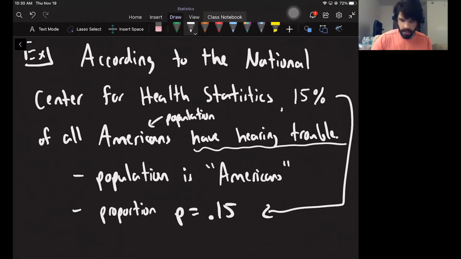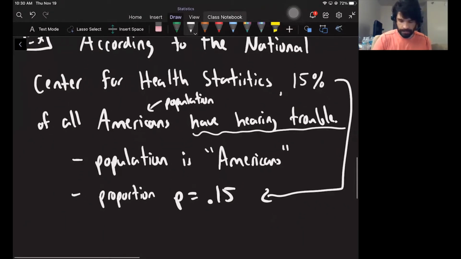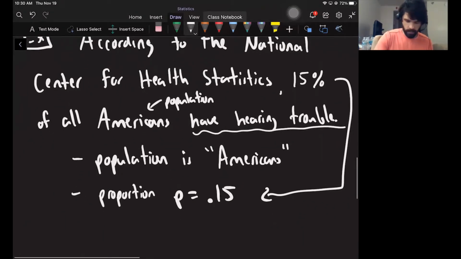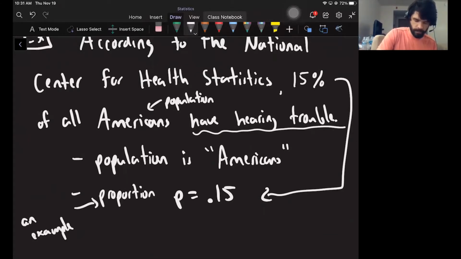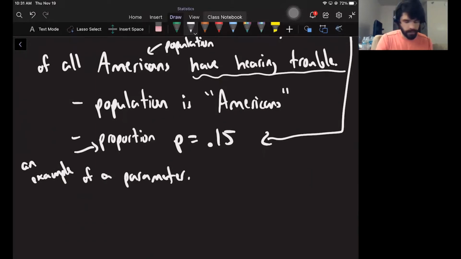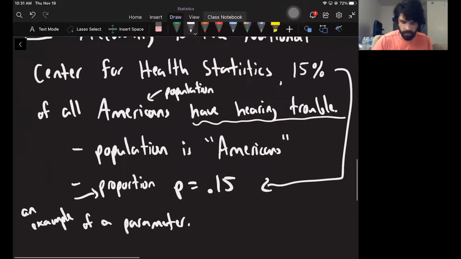So that's what we can say from this information. And again, a proportion is a type of parameter, because it's a number associated to a population. Okay, so that's the kind of information you'll get in a question.